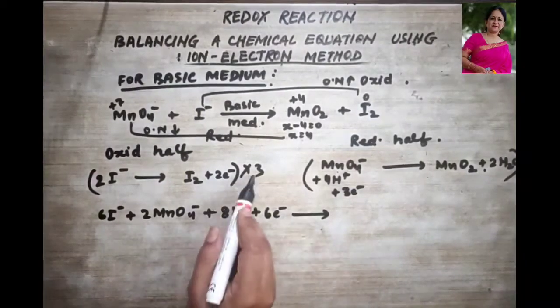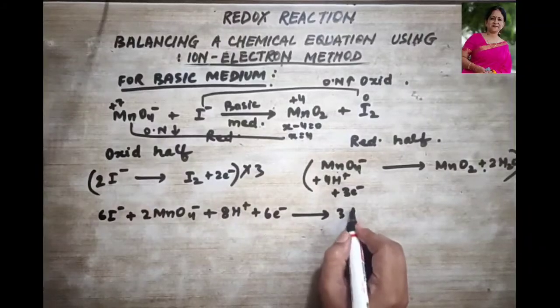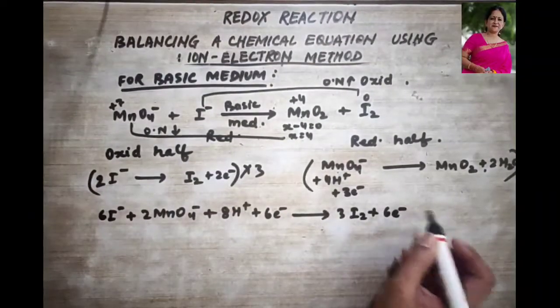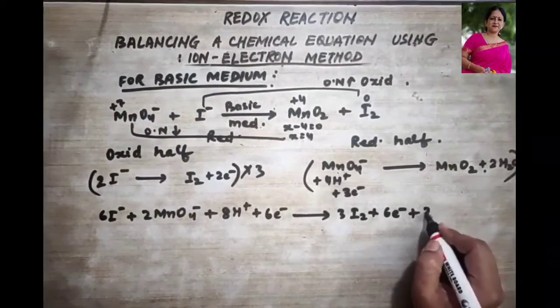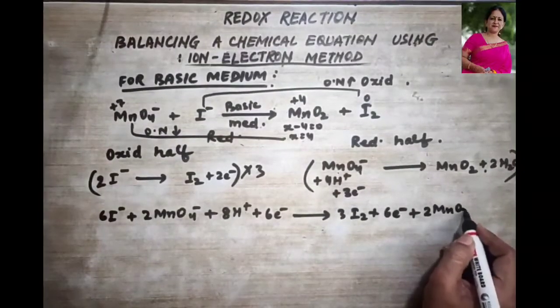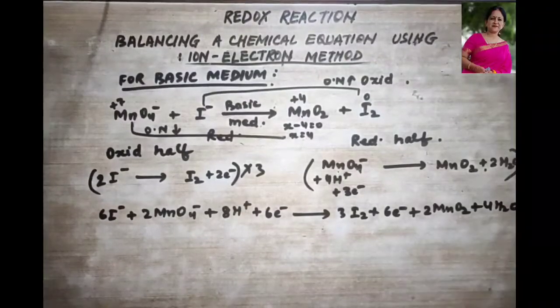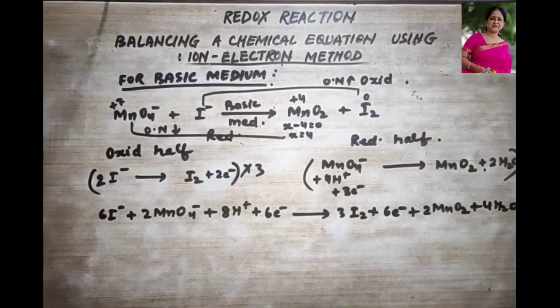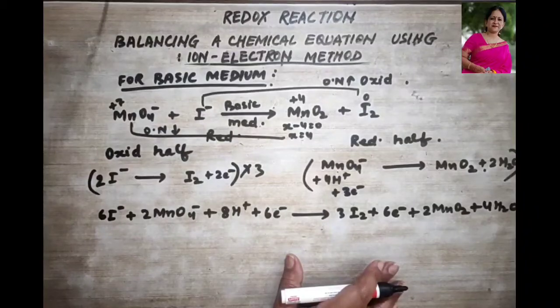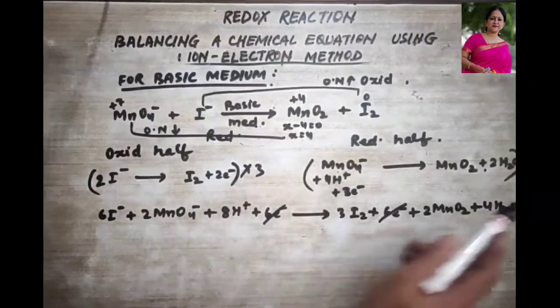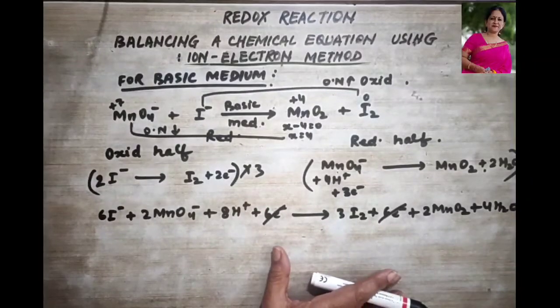This is going to give us 3I2 plus 3 2s are 6 electrons plus 2 MnO2 plus 4 H2O. Okay, now anything getting cancelled? Let's check. 6 electrons, 6 electrons got cancelled. That is why we had multiplied both sides.